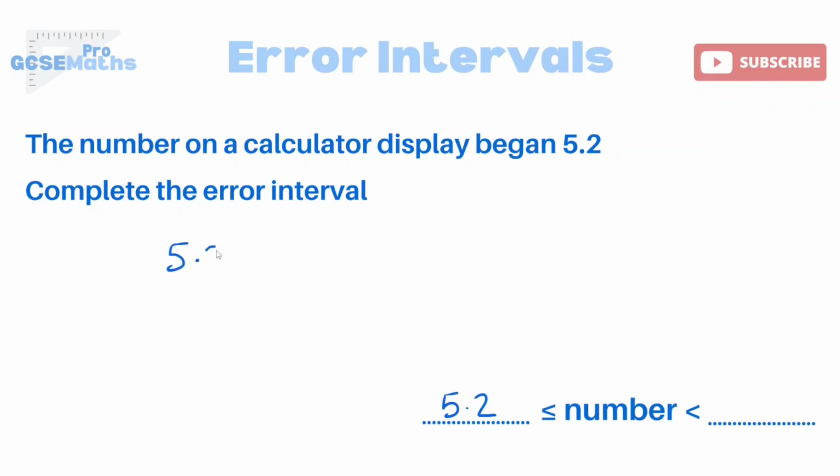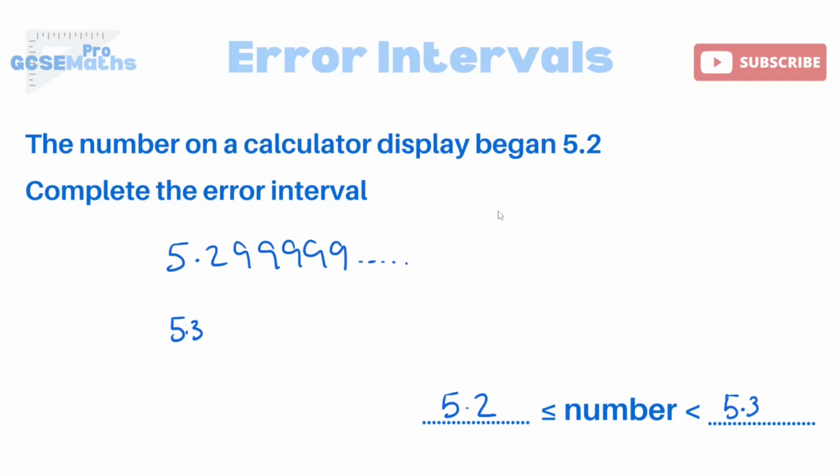However, it could have been 5.299999. Again, we're still into that recurring 9 into infinity, aren't we? So it could be equal to this, but therefore the biggest value is 5.3 here. It's not equal to 5.3, but it's just anything less than 5.3. So it's somewhere between 5.2 and 5.3.